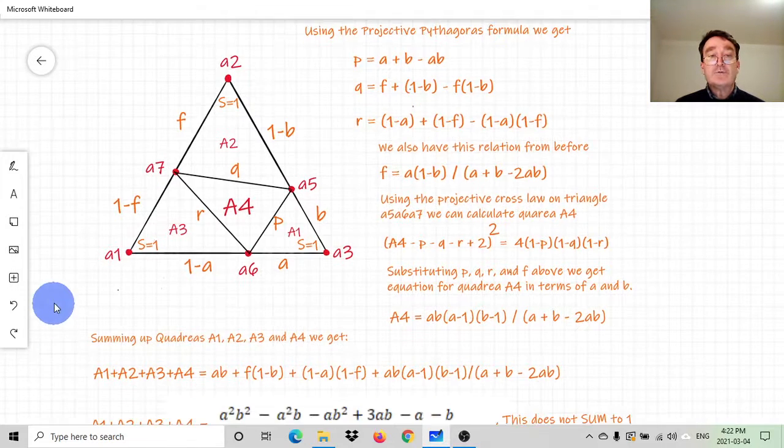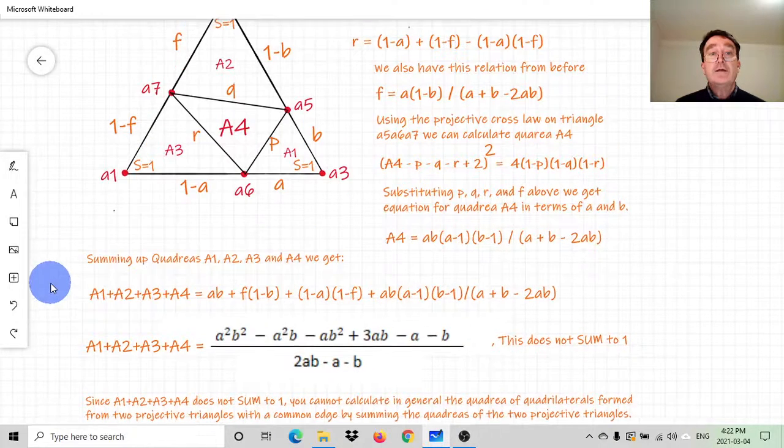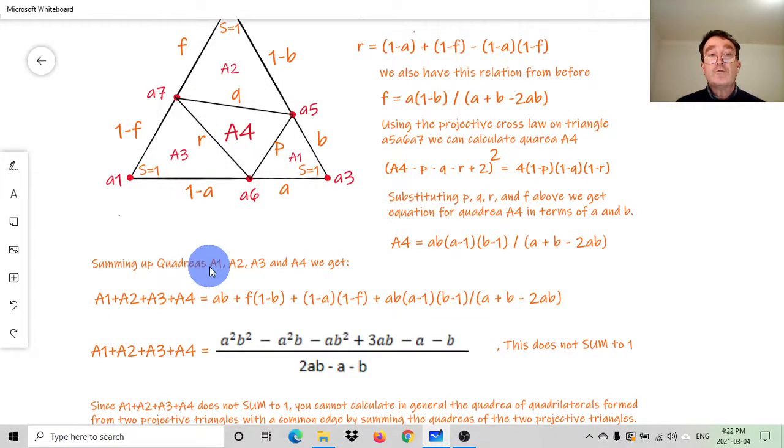So next we're going to sum up the quadrias A1, A2, A3, and A4.